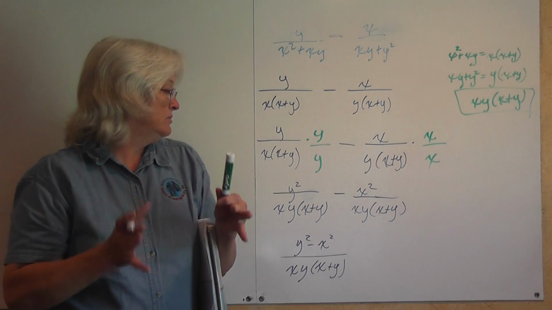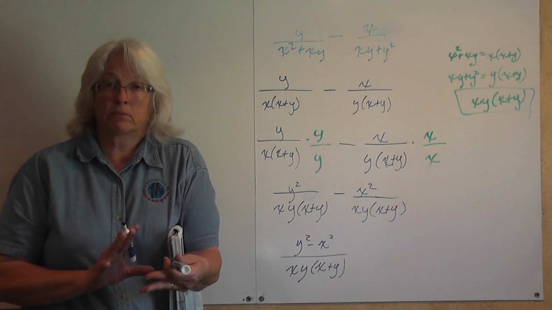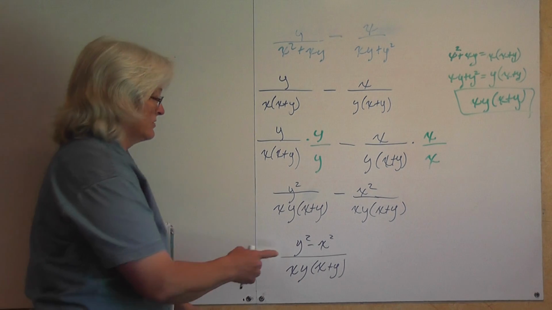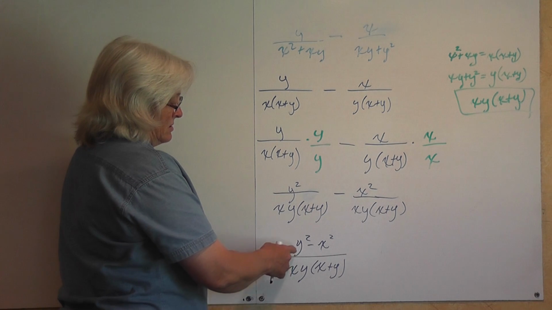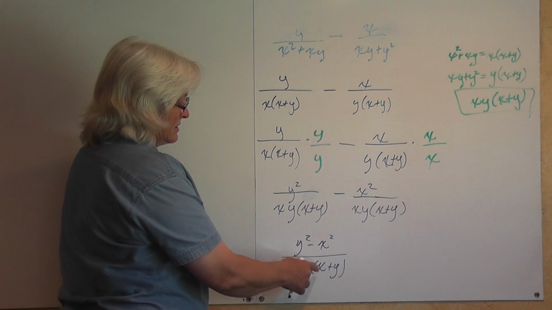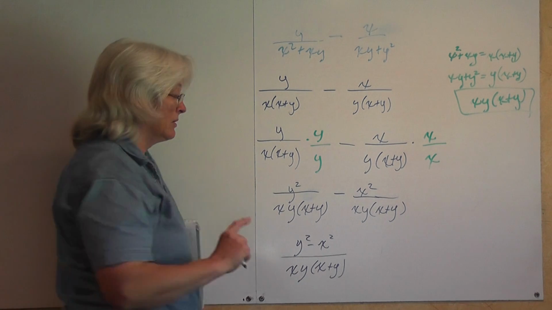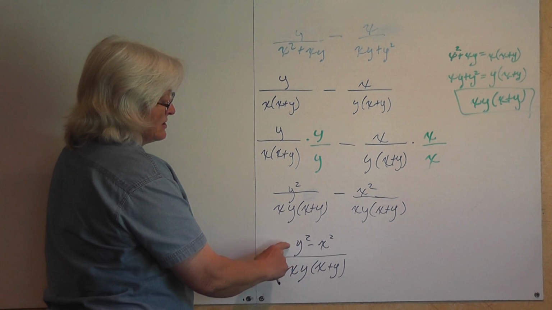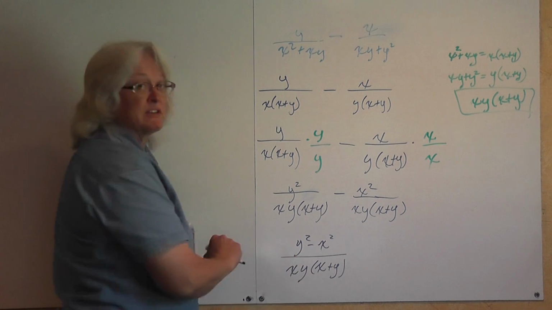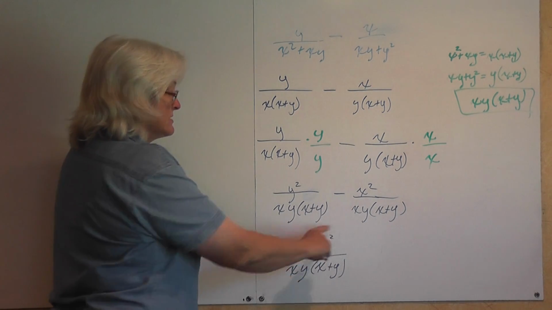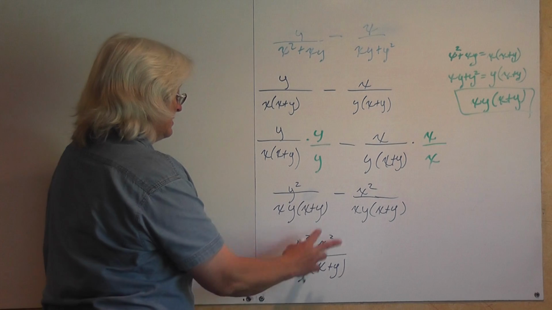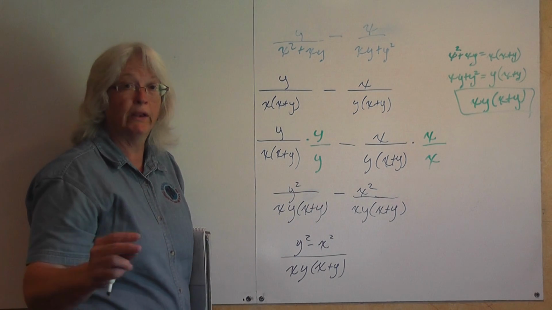Now, do not fall into the trap. Several different traps here. You can't cancel a y and a y and an x and an x. Or actually, something that would be really wrong would be to say, okay, there's two y's in the numerator, two y's in the denominator, two x's in the numerator, two x's in the denominator, so our answer is 1.